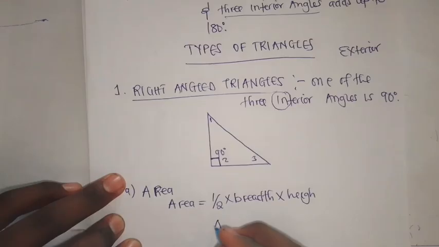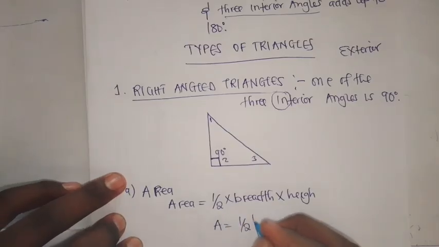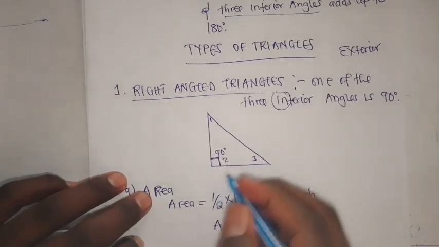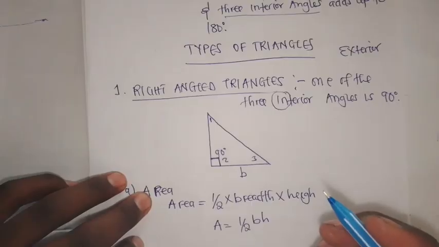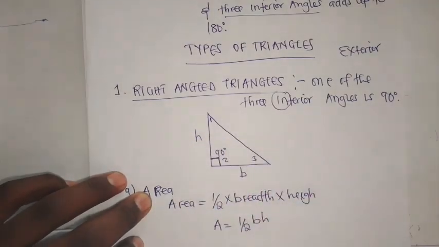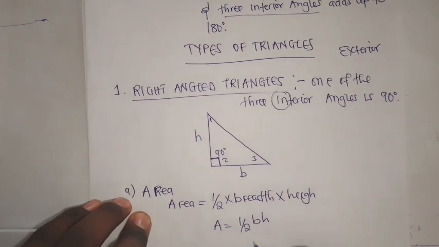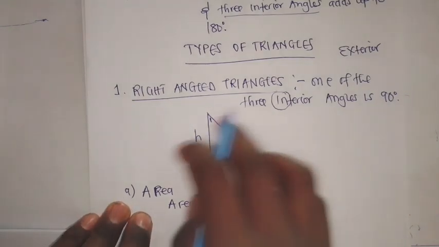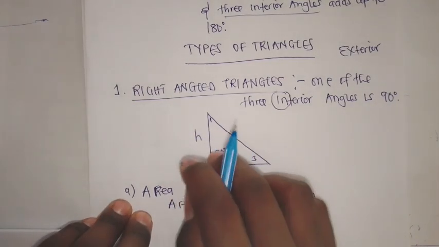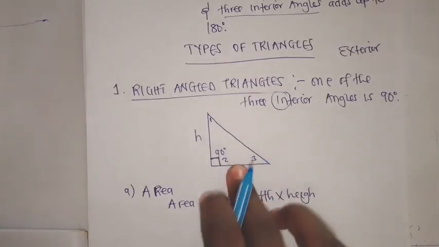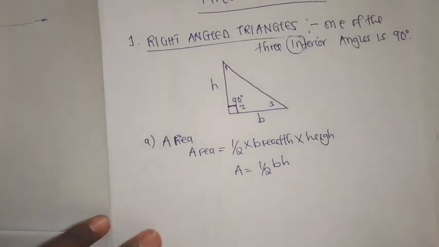That is, A is equal to half BH. This is our breadth, and this is our height. You multiply them by half, and the answer we get is the area of this right-angled triangle. Having talked about the area, what else?